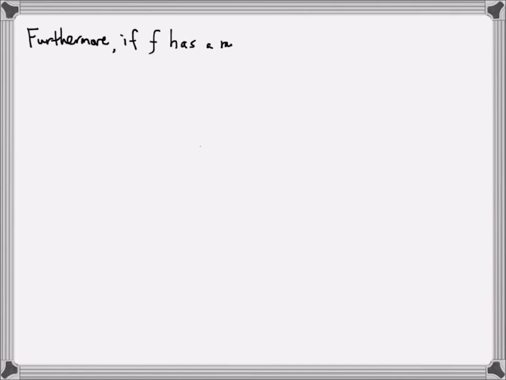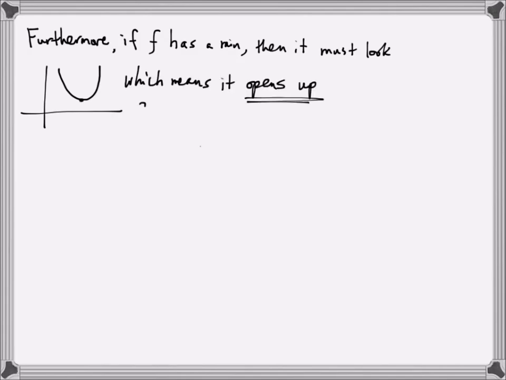Furthermore, if f has a minimum, then what must its picture look like? Because if it had a minimum, that means it's got to open up. So what this means is that every time we have a greater than 0, its parabola has to have a local minimum. If it has a local minimum, that means it opens up. So right away we can associate a being greater than 0 with the parabola opening upward.